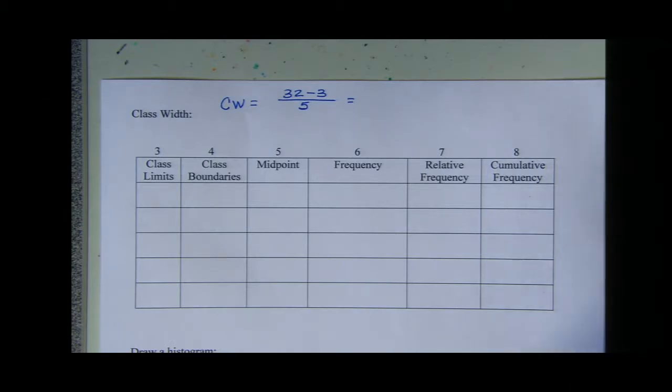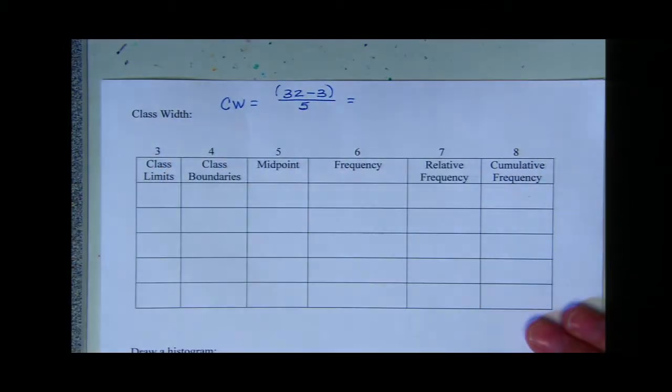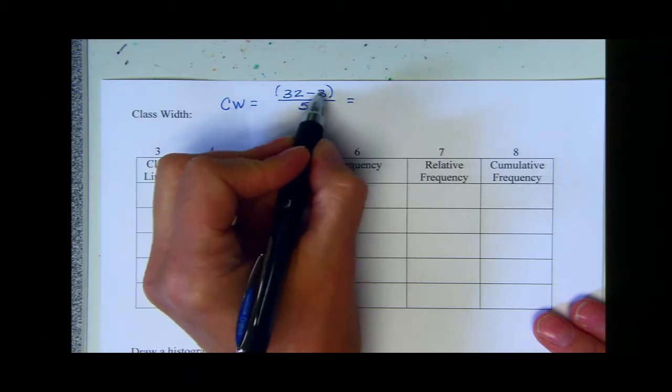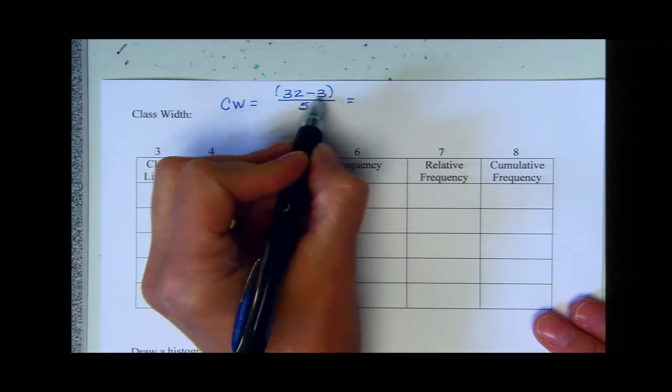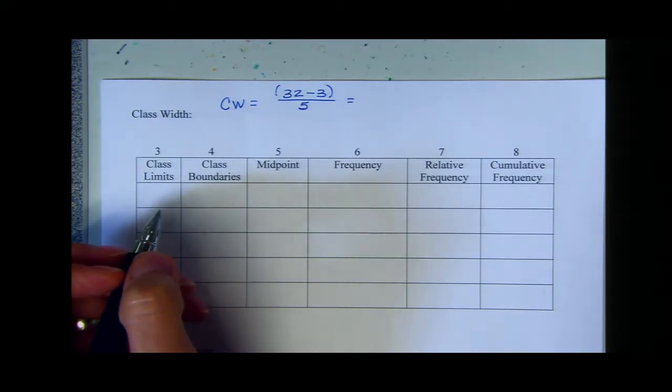Be sure that you either put the numerator in parentheses, or you enter 32 minus 3 equals divided by 5. Otherwise, if you just put in 32 minus 3 divided by 5, the calculator will only divide the 3 by 5. So be very careful of that and don't make a calculator error.